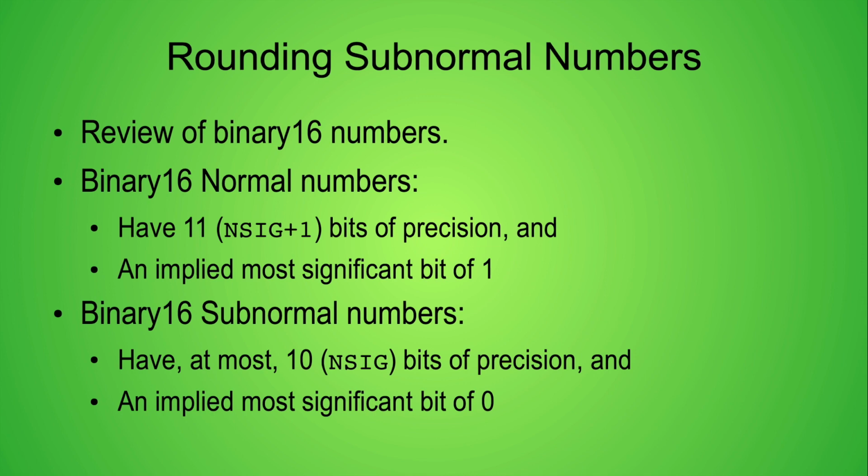Note that the maximum number of bits of precision is the same as the nsig value for the binary 16 format. Subnormal numbers only have a maximum of nsig bits of precision because their implied most significant bit is 0 rather than 1. That is, all of the non-zero bits of a subnormal number are stored explicitly, never implicitly.